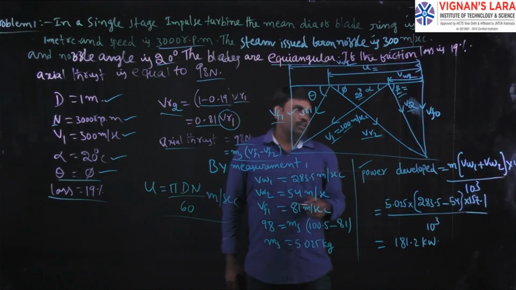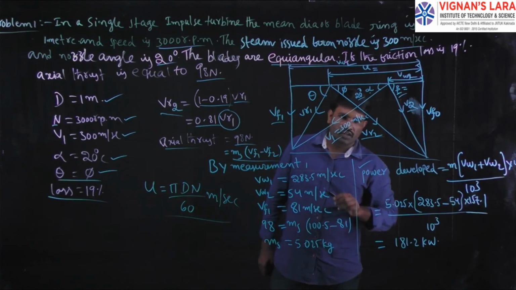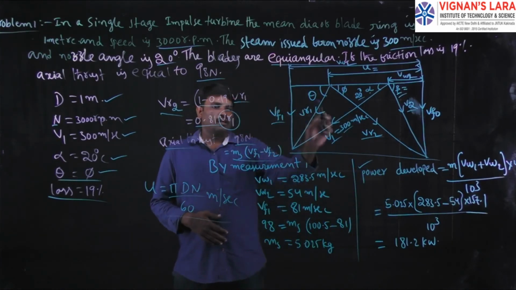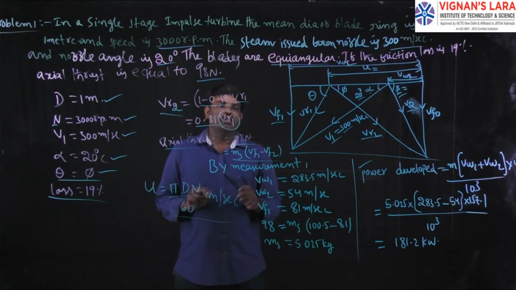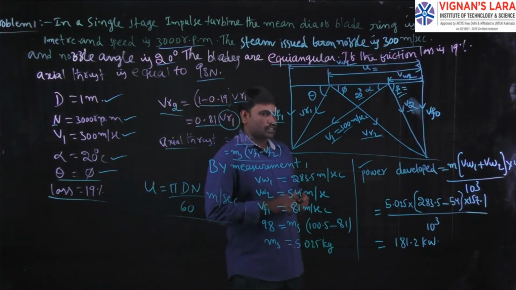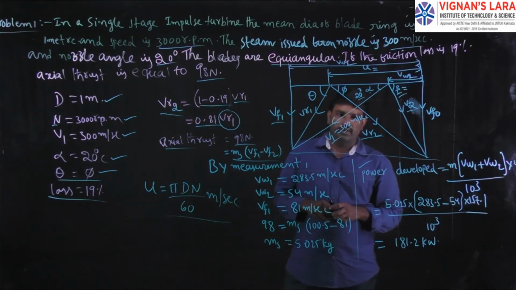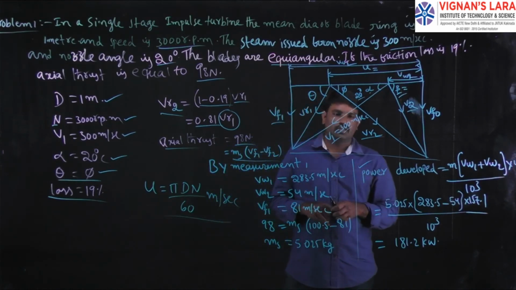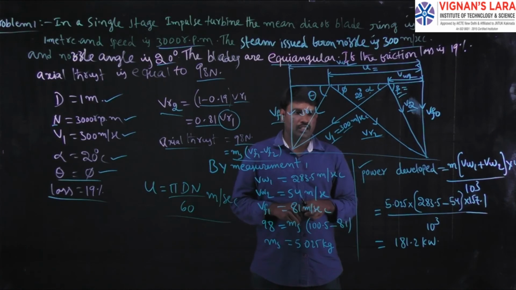Always remember how to draw the combined velocity triangle based on the given data, then only you can easily solve any problem in the impulse turbine. You can solve the problem by applying trigonometric rules, or by taking a suitable scale. First method I will explain.